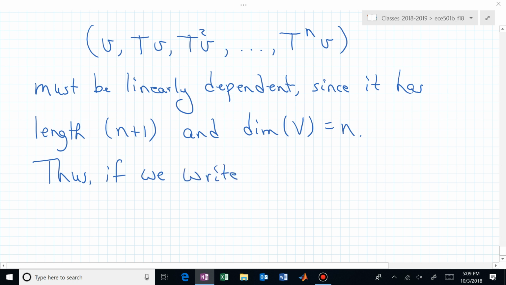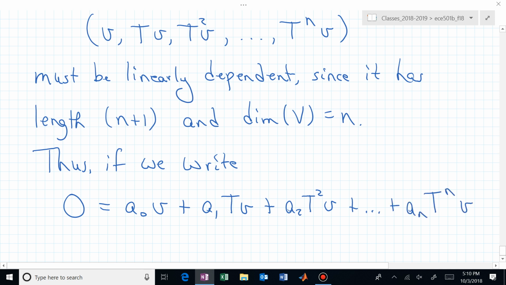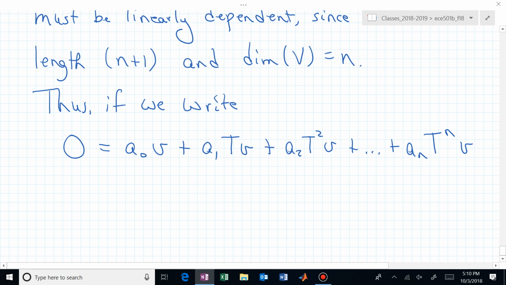Thus, if we write the following relationship on those n plus 1 vectors, 0 is equal to a sub 0 V plus a sub 1 TV plus a sub 2 T squared V plus all the way up to a sub n T to the n V, can we find coefficients, scalars, that will allow that to happen? And we know they're not going to all be 0, are they?